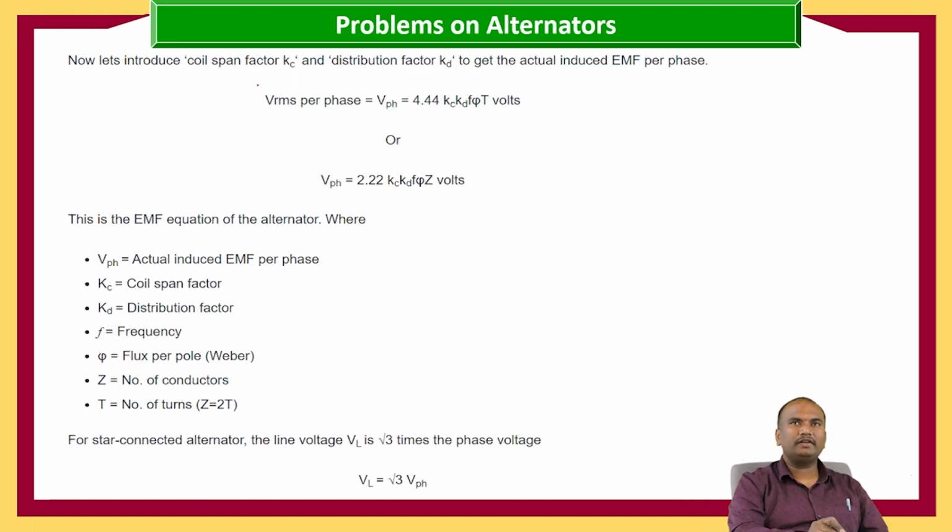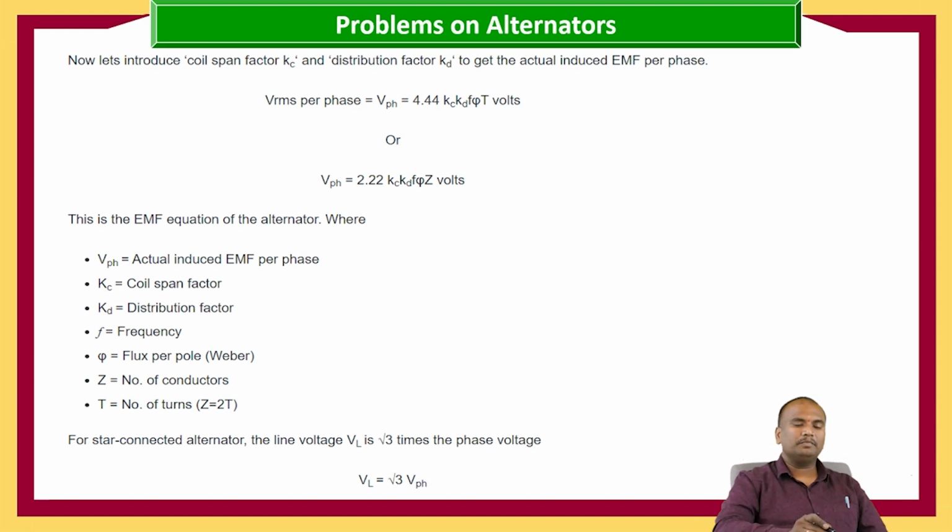Now let's introduce the coil span factor Kc and distribution factor Kd to get the actual induced EMF per phase. These are the factors corresponding to the construction of the winding.